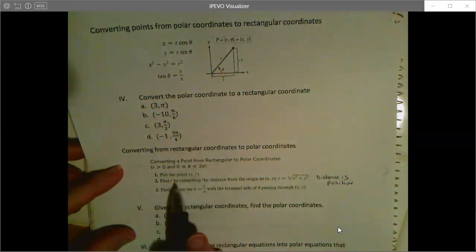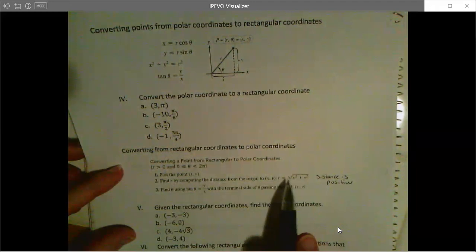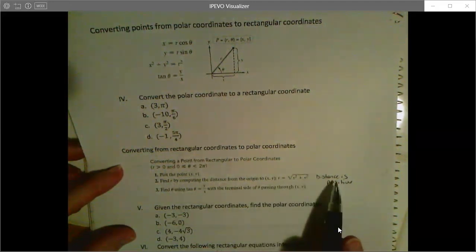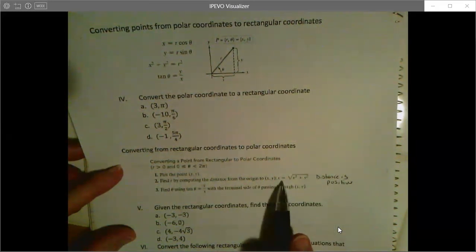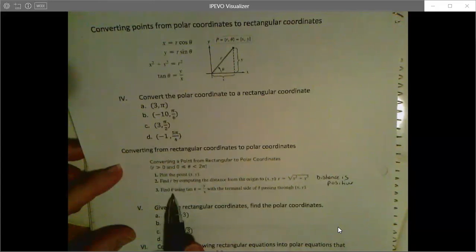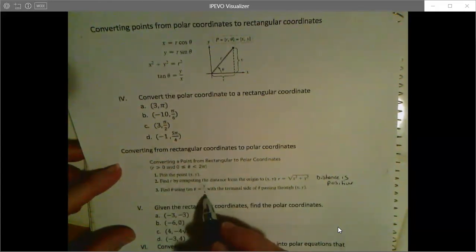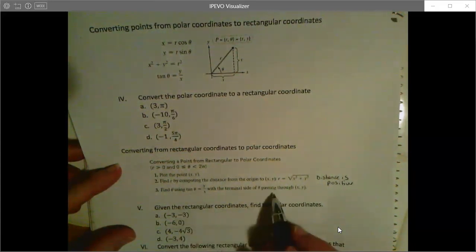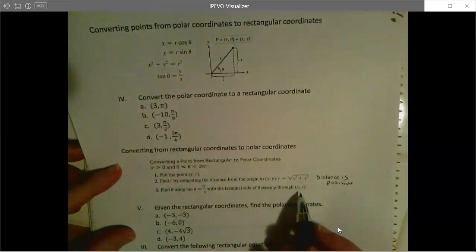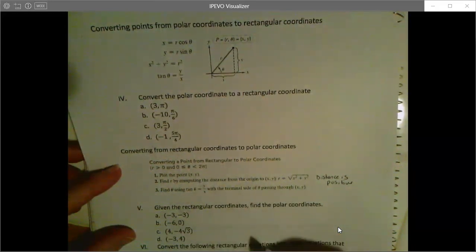So we're going to plot the point, and then find r by doing the Pythagorean theorem, x squared plus y squared. Remember, distance is always positive, so I'll always get a positive value for r. Then we get theta by doing tangent of theta equals y over x, and then figuring out where theta is. We have to remember that it has to be passing through x, y, so we have to think about our quadrants here. Okay, so let's look at these examples.